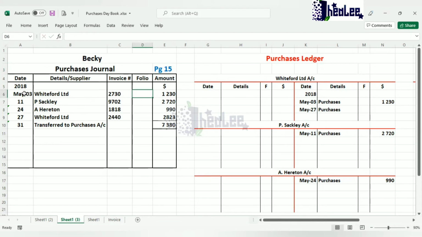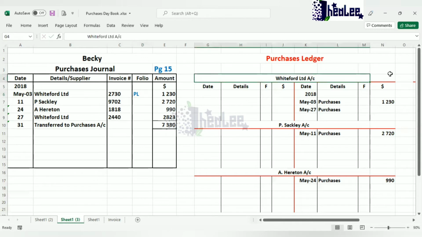We're going to look at the May 3rd entry in the purchases journal. We have Whiteford Limited. Where did we post Whiteford Limited's account when we did that lesson? It was posted to the purchases ledger. So this entry from the purchases journal was posted to Whiteford's account in the purchases ledger.